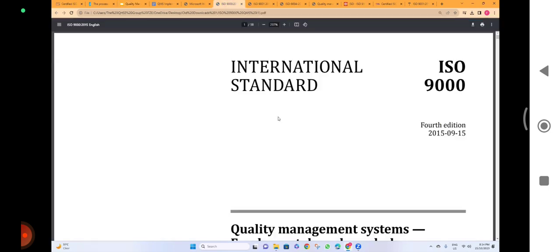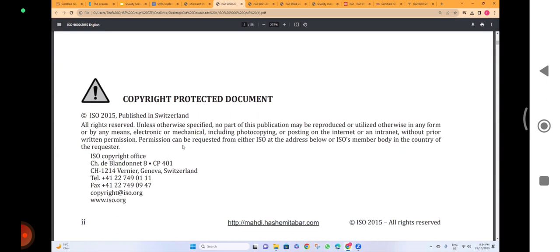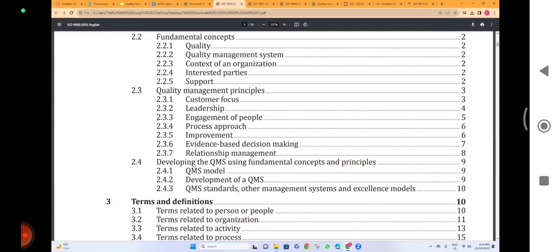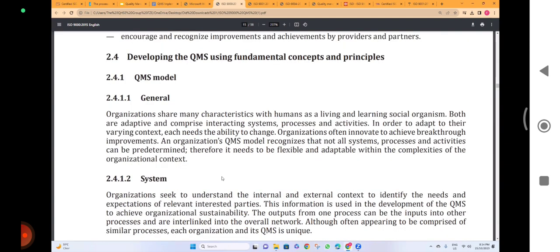Now, I want to go to ISO 9000, the 2015 version, okay? Here we want to look at what exactly is a quality management system according to ISO, and also what is your job as a lead implementer. Right, so we are going to go to section 2.4.2, okay?